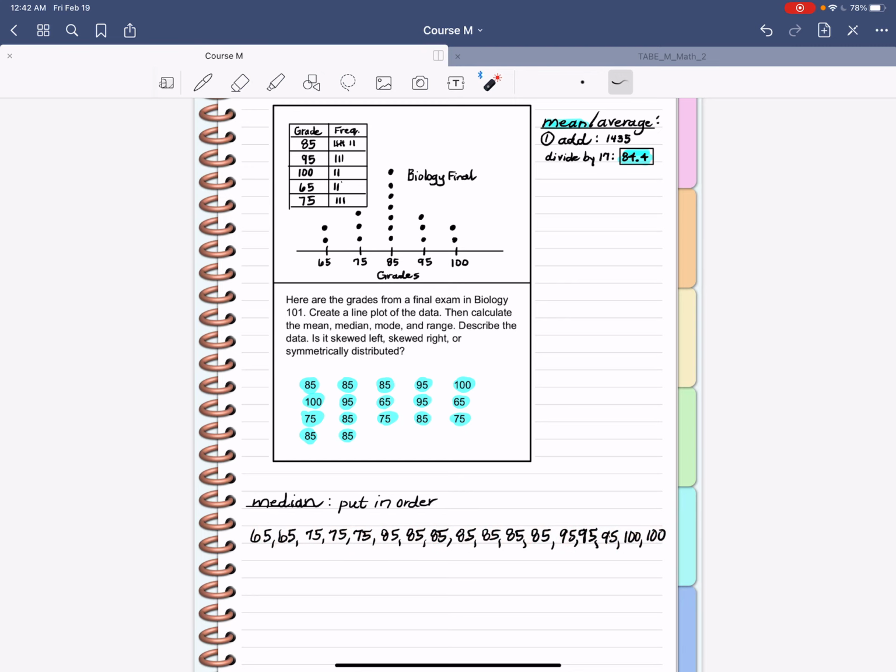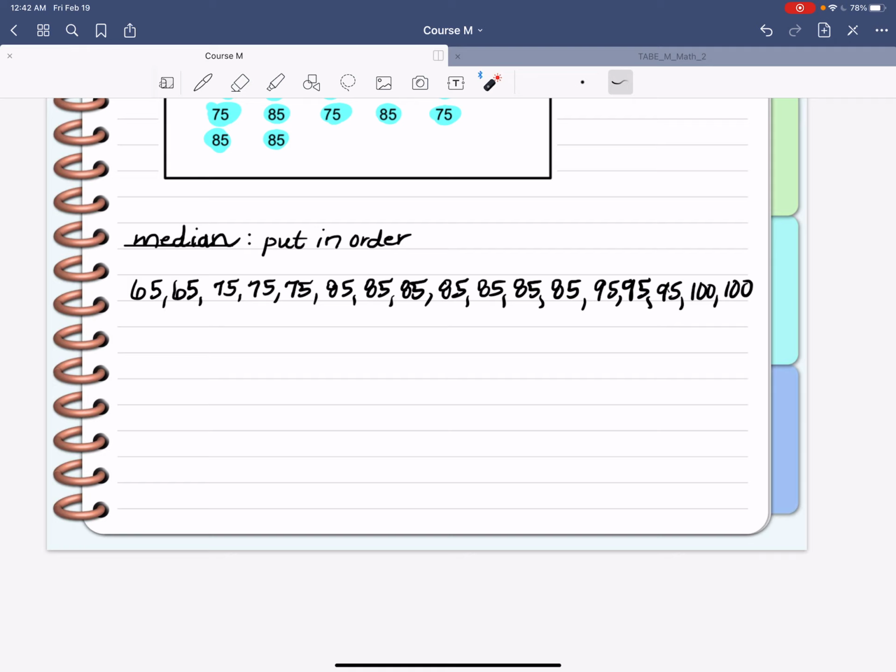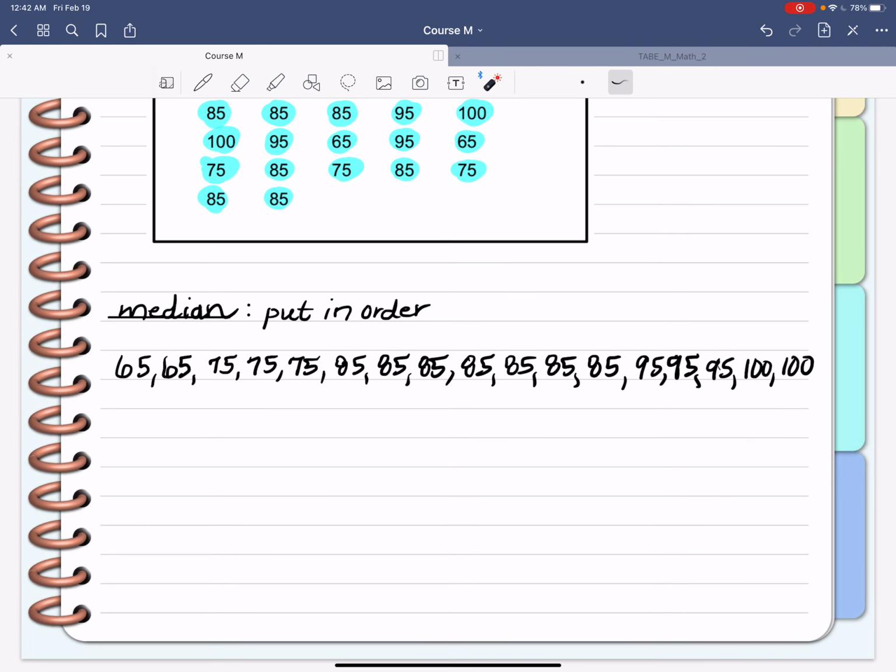That fits. So if you take half of 17, that would be 8.5. So I'm going to count 8 of them. 1, 2, 3, 4, 5, 6, 7, 8. And then on the other side, I'll start counting in from the end. 3, 4, 5, 6, 7, 8.